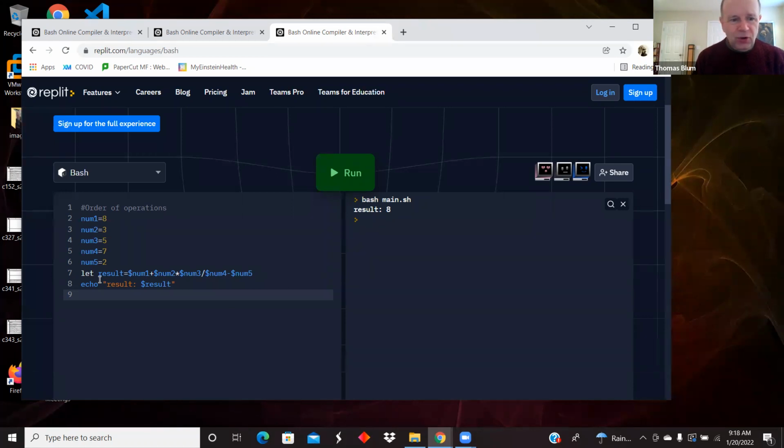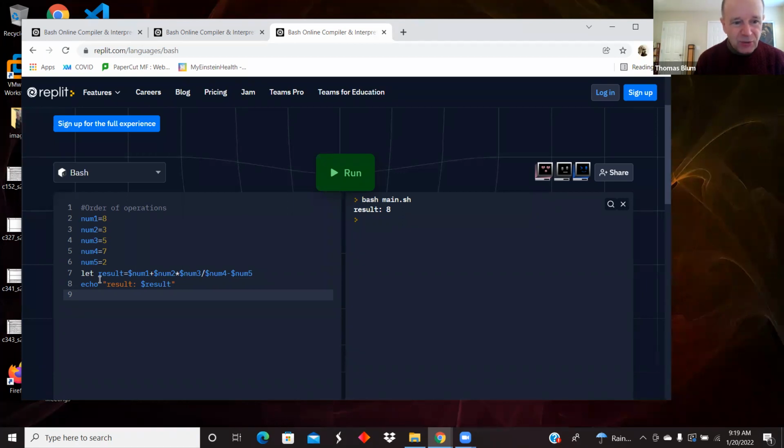So the normal order of operations is that multiplication and division have a higher precedence than addition and subtraction. So that middle portion should occur first, and we are going to progress from the left to the right. So we perform the multiplication first, num2 times num3.